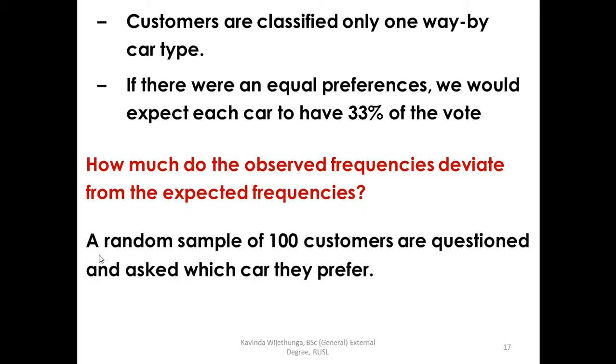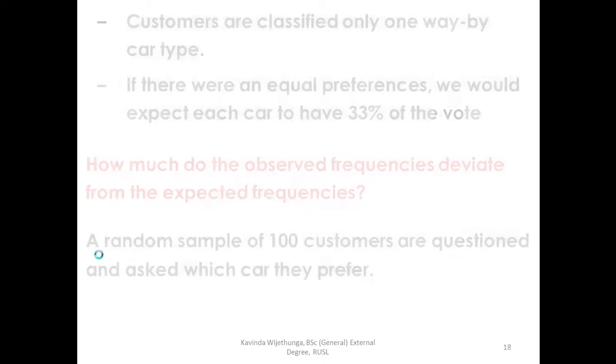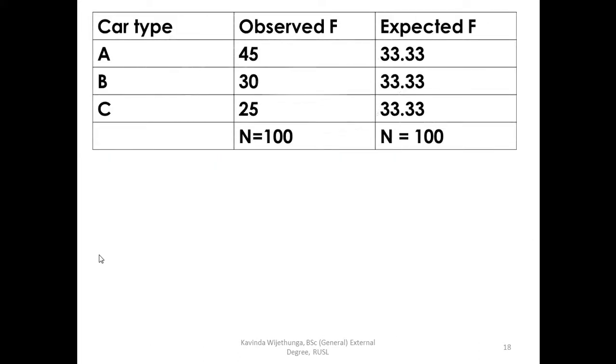A random sample of 100 customers are questioned and asked which car type they prefer. These are the collected values. The expected values are also given, because they told us there are equal expectations, so you write 33.33.